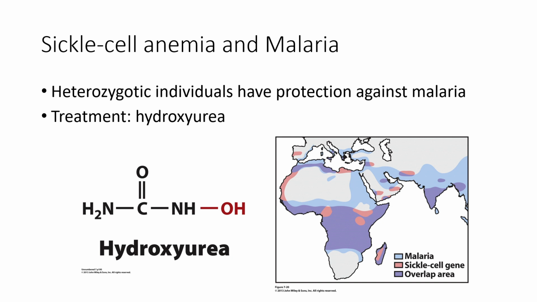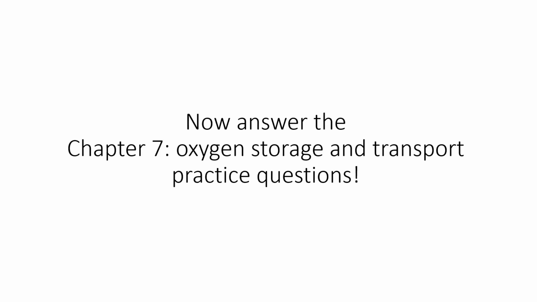Maybe it helps to somehow straighten out some of those proteins that are clumping up or polymerizing. But overall, these are just some interesting clinical connections to note that are related to hemoglobin and its ability to find and deliver oxygen at the lungs and at the tissue. So now hopefully you are ready to answer these oxygen storage and transport practice questions.